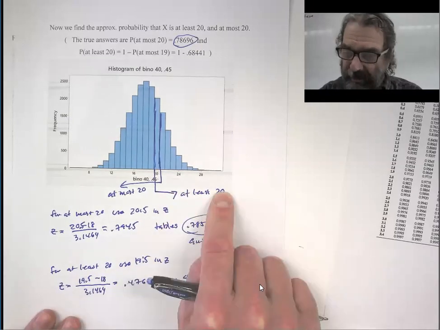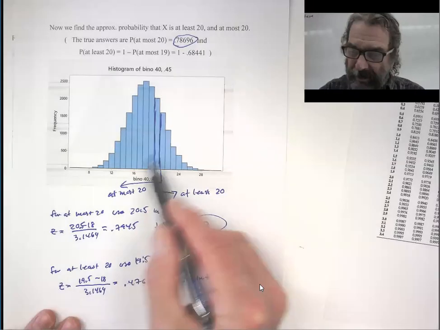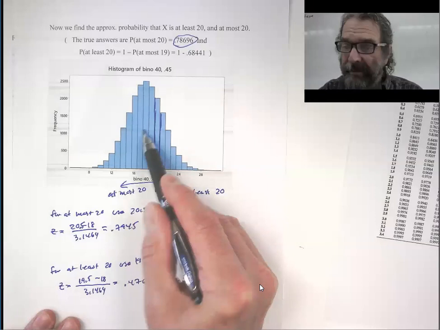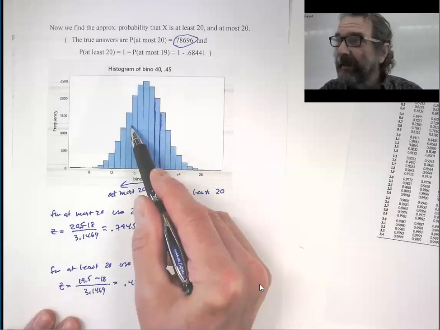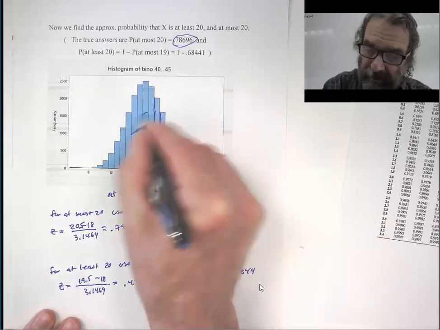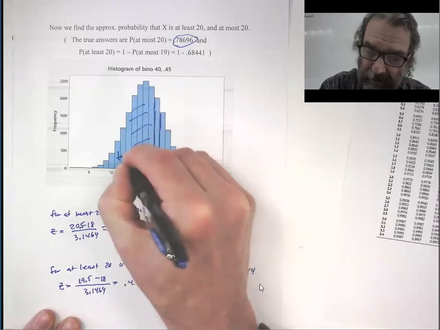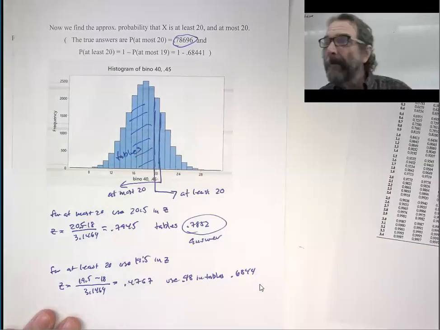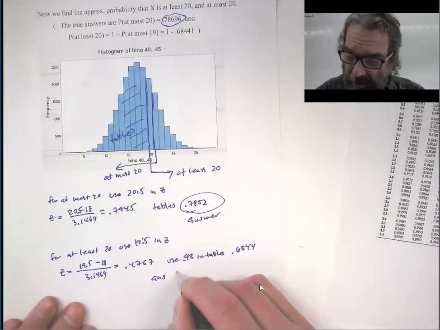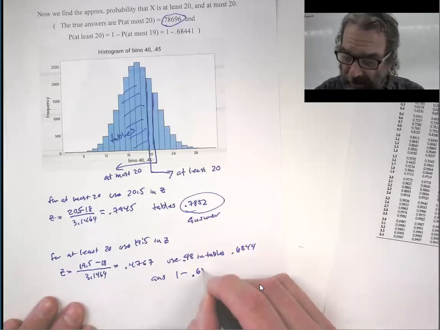And then over here, when we're doing at least 20, that is the wrong side. What we found in the tables was the area all the way on this side. So we don't want this, which is what the tables gave us. So we're going to do 1 minus that for at least 20. So your answer is going to be 1 minus 0.6844.